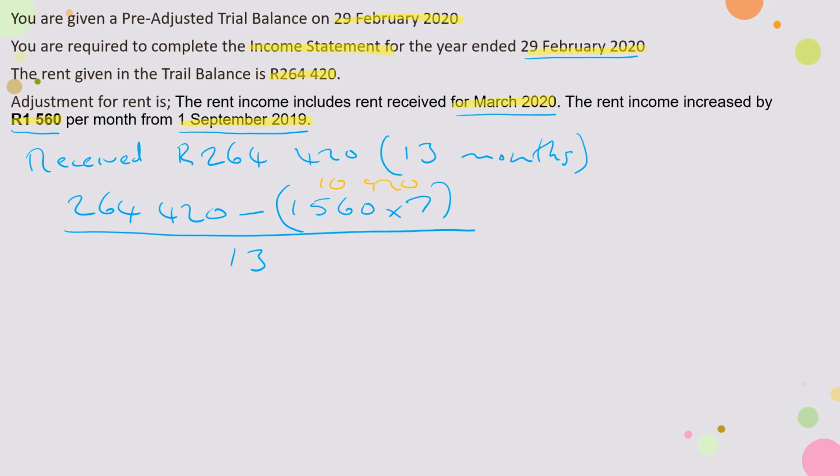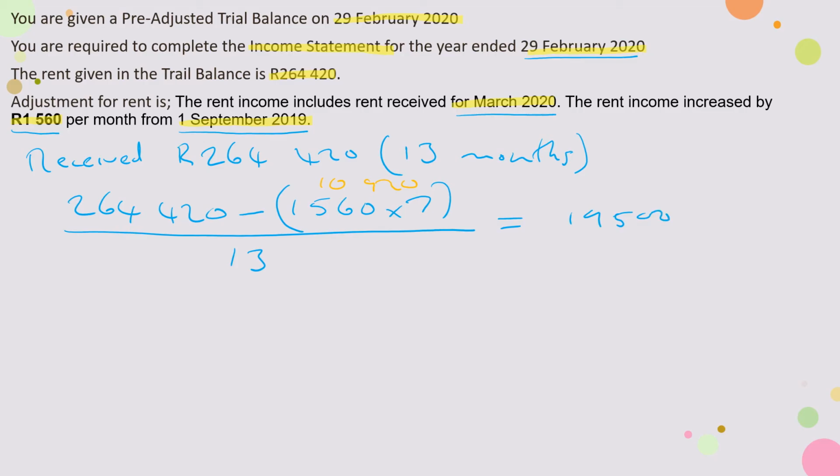So basically we say 264,420 minus 10,920, then divided by 13. Sorry, I used the wrong color. So the answer here is 19,500. So this is rent.